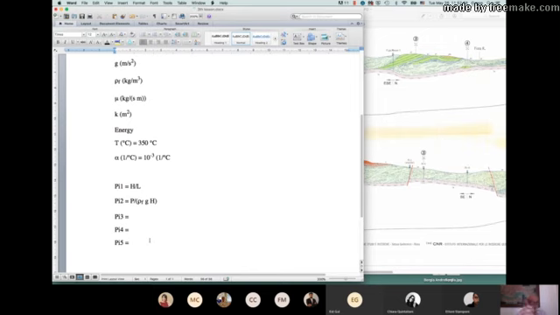Well, let's talk about pi 5. Very easy to do. If I copy alpha times temperature, now this is dimensionless, all right? So this is very simple.